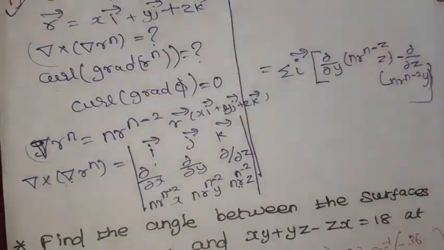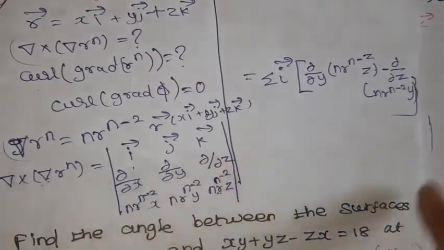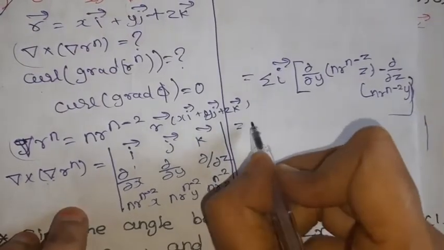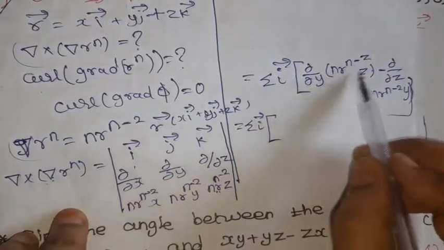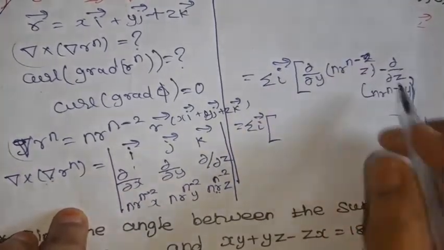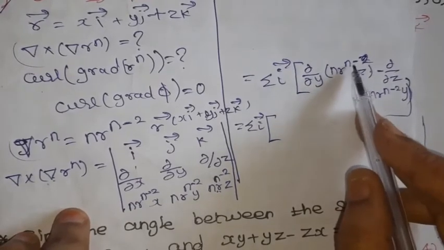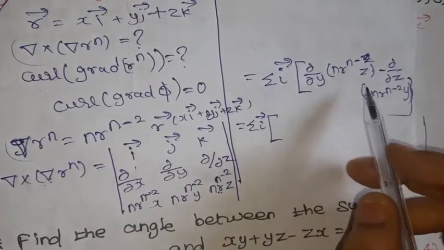Now we are going to expand this. For I term only I am going to expand. From this we can find out. Then summation I vector into dou by dou y of n r power n minus 2 into z. When we differentiate x power n, what will we get? n x power n minus 1.